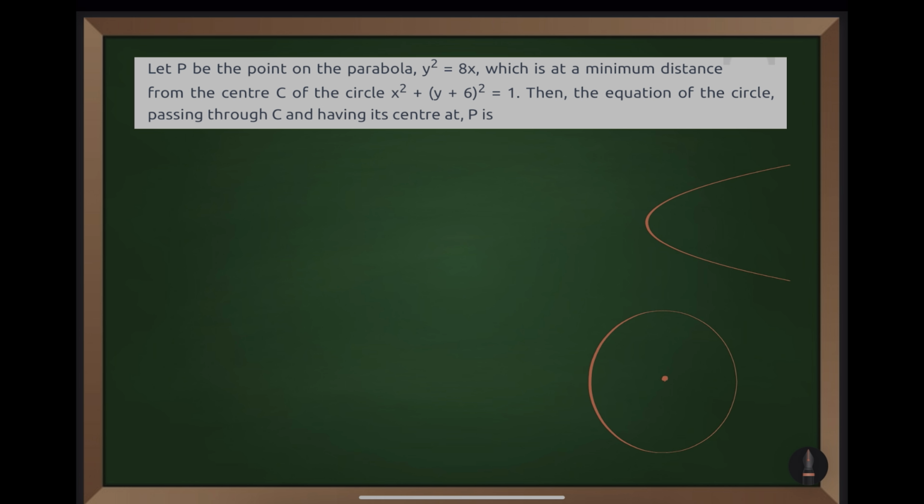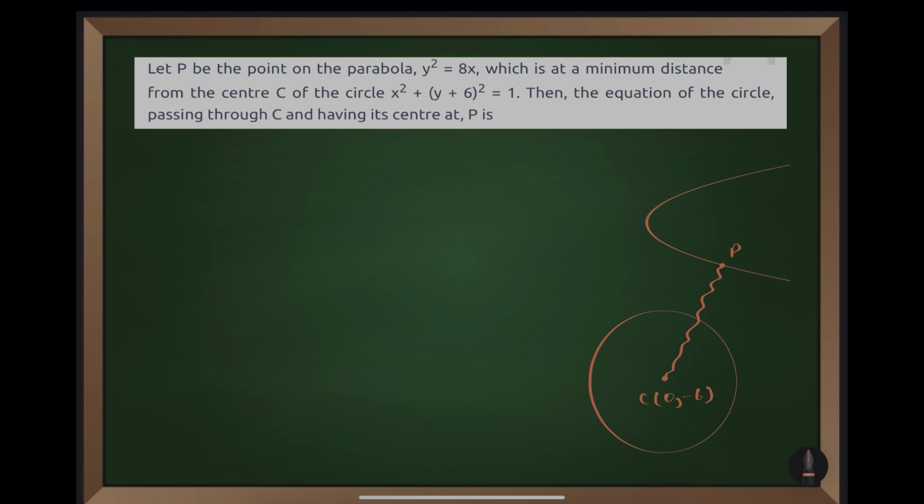So center of the circle is C. It is (0, -6). I hope you know how to find the center of a circle. The distance of the point P on the parabola should be minimum with the distance of C, center C of the circle.